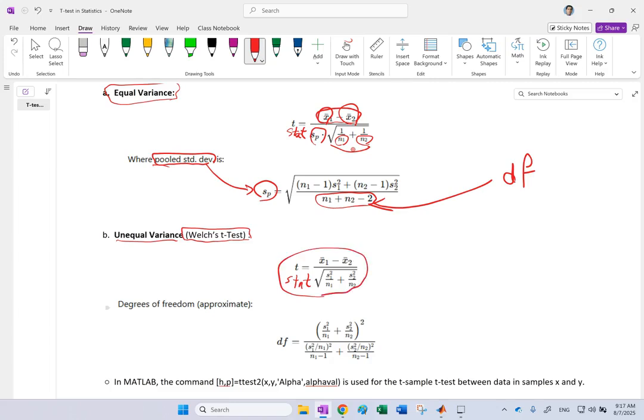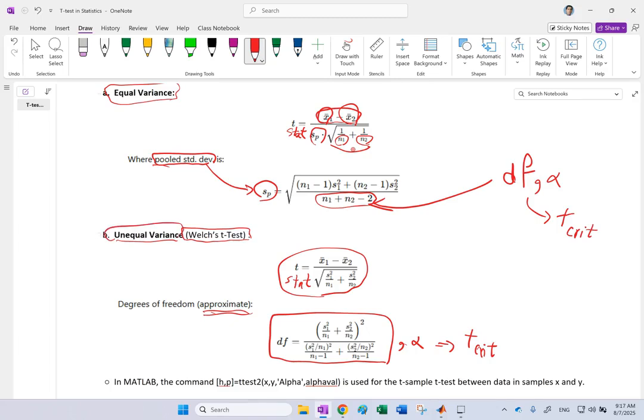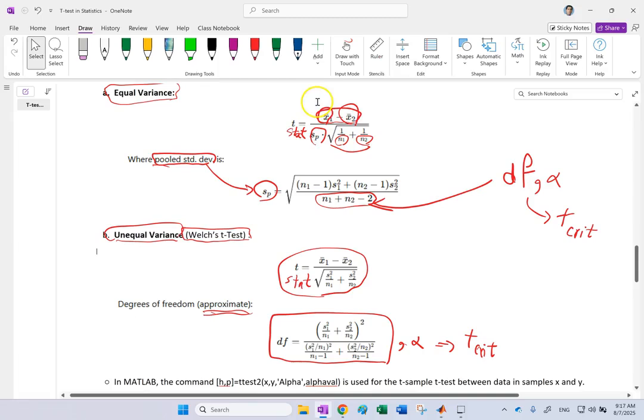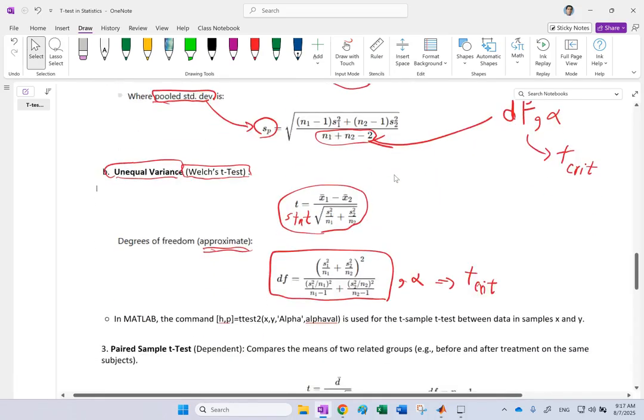And the degree of freedom, the approximate formula for it is this big of a guy. So with this degree of freedom and alpha, you go and find your t-critical, and you compare it with your t-stat. So whether you know they are equal variance or not, the formulas that you have for t-stat and the degree of freedom are going to be different.